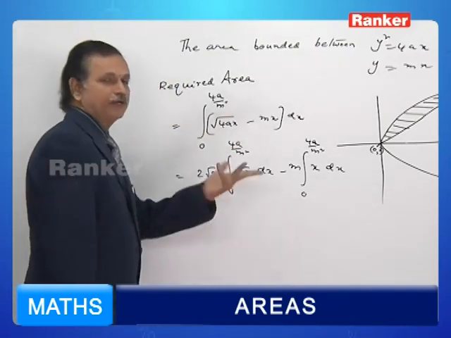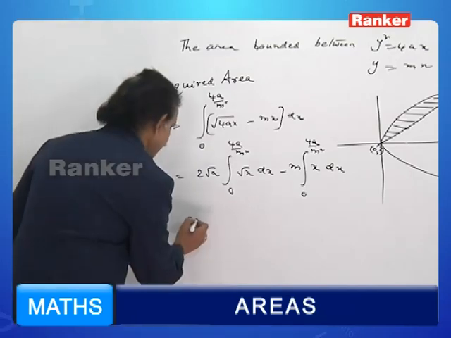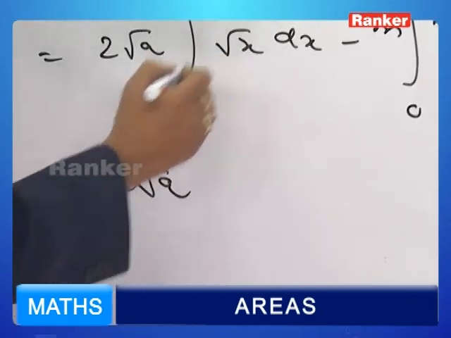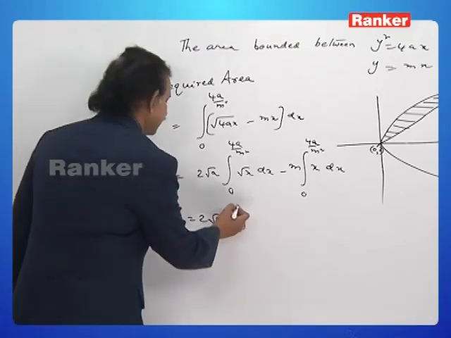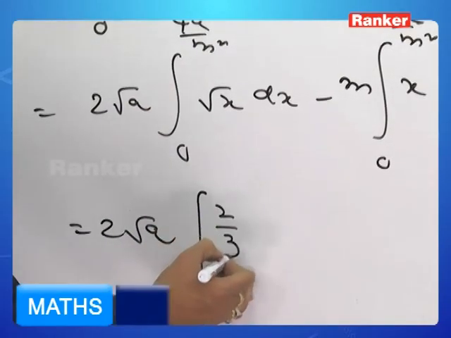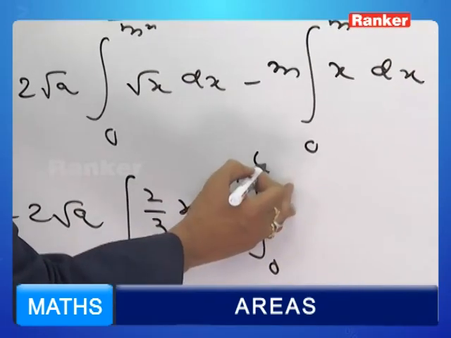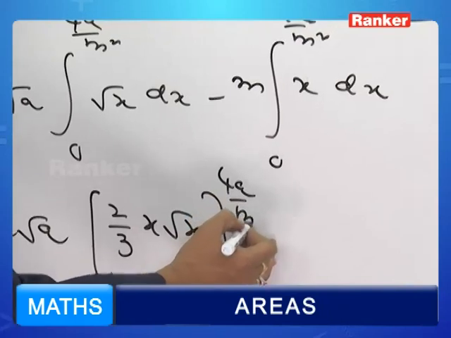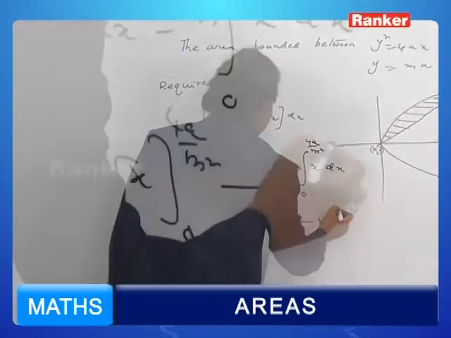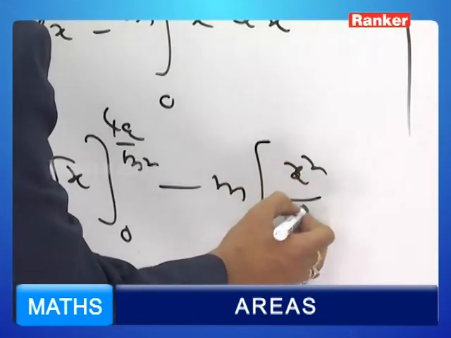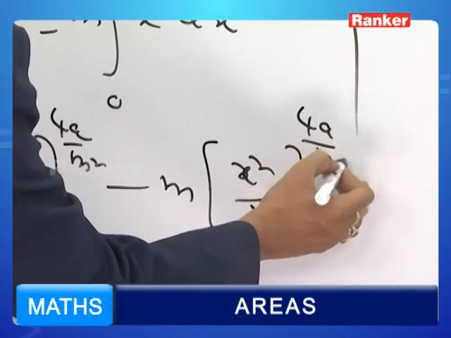I could have split into two integrals. Okay, then what is going to happen? 2 root a into, what is the integral of root x? 2 by 3 x root x between the limits 0 to 4a by m square minus m into, what is integral of x? X square by 2 between the limits 0 to 4a by m square.